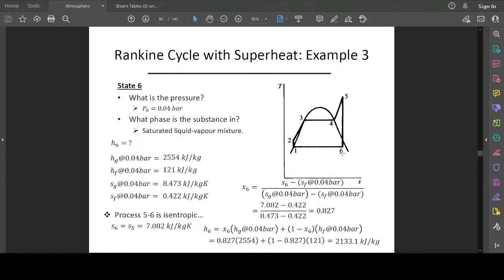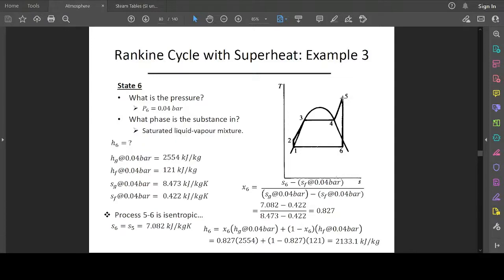So we need to find, at pressure of 0.04 bar, the enthalpy and entropy for the two phases. But we need to make sure that we know the exact quality of the steam. With the help of the process being isentropic, meaning that stage 5 and stage 6 have the same entropy, we can find it.